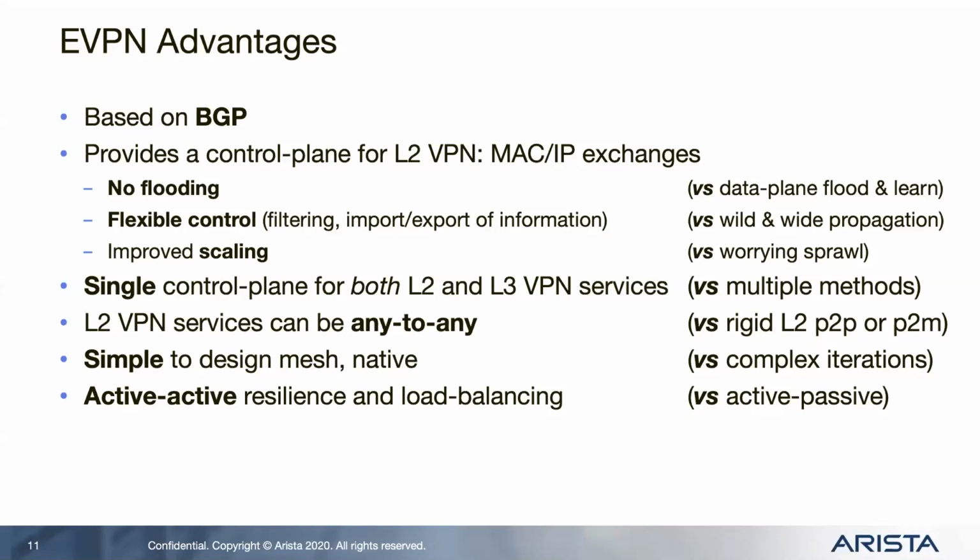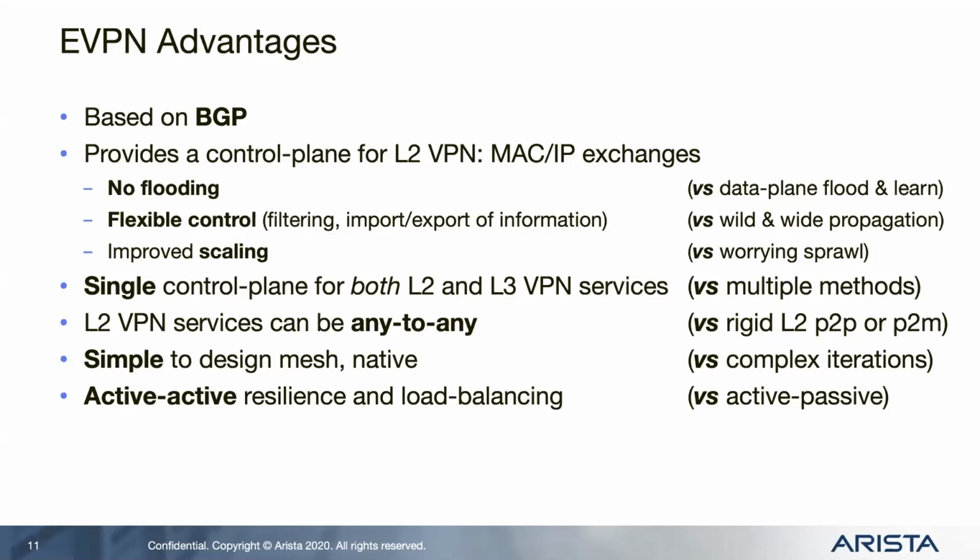But here there is no flooding, and it's also possible to control the propagation of the MAC addresses because it's BGP routes that will carry the MAC addresses. It's possible to filter them, to control through import and export of route targets, or apply filtering on the BGP session. And therefore, with all these advantages, the EVPN solution for layer 2 will scale much better.